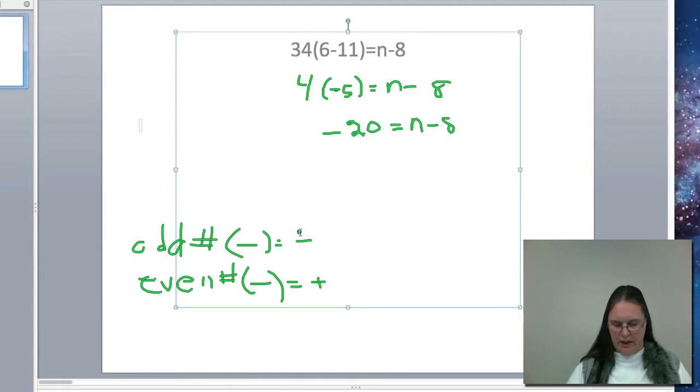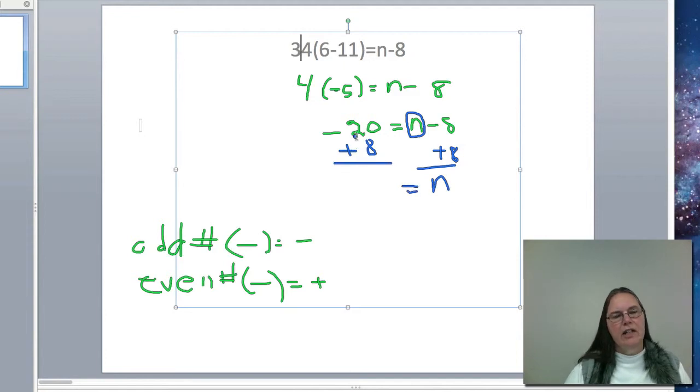The next step is to get n alone. So how do we go ahead and get n alone? Let's look at it. This is our goal, get n on its own. Well, the other equations we looked at, if we add 8 to this side, that would become a 0. So if we add 8 to this side, we can look at what happens. On this side, we have n left. And on this side, we have a $20 debt we're going to pay on.